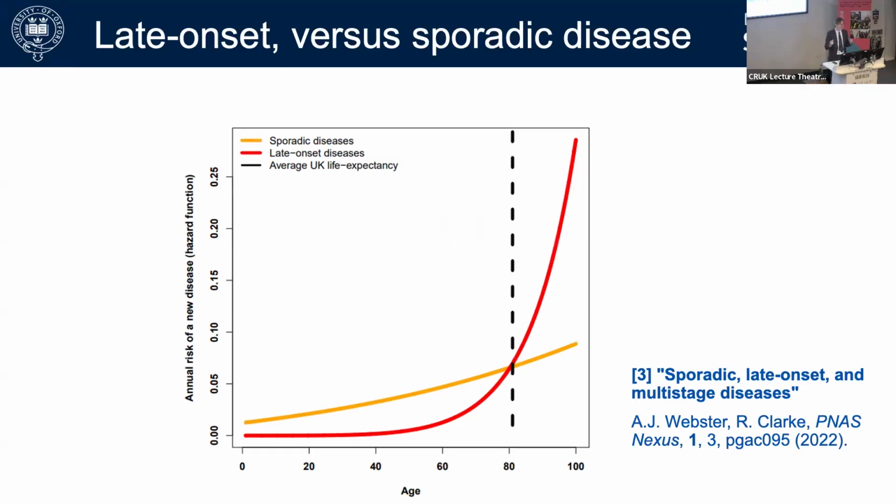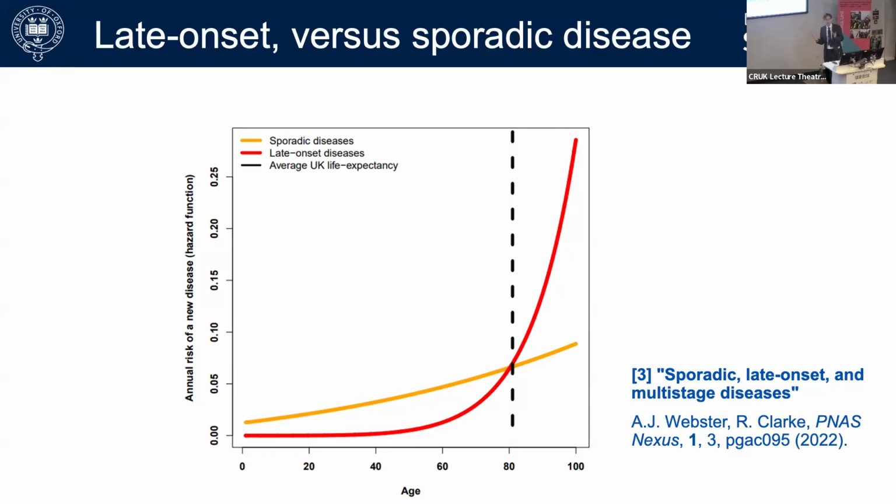You're not seeing the age dependence of disease. But when you look across hundreds of diseases, what becomes very clear is that some diseases are more sporadic, so they have a low risk throughout your lifetime that increases only slowly. Other diseases, the late onset diseases, have a negligible risk throughout most of your life, but then as you get older, they rapidly increase in probability.